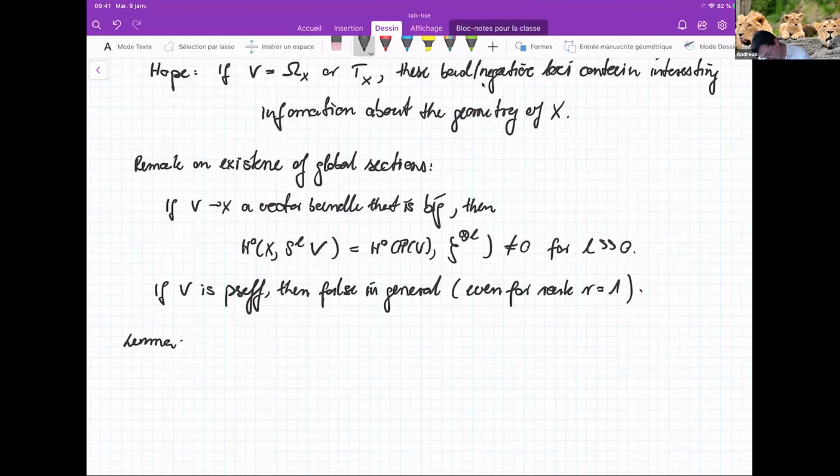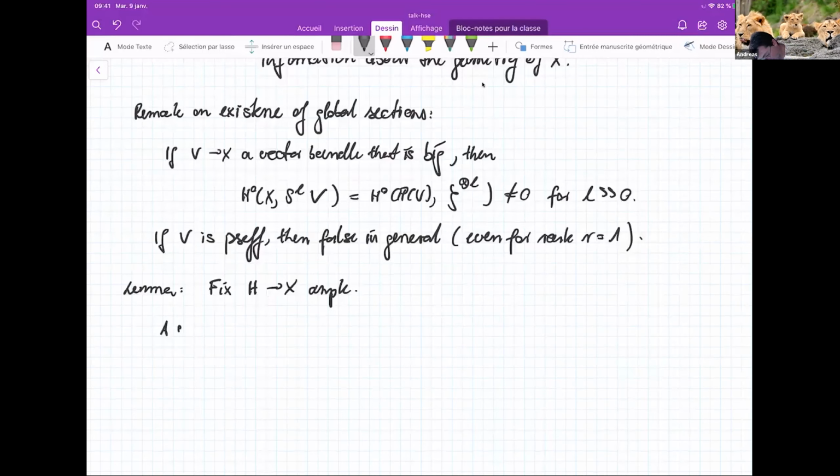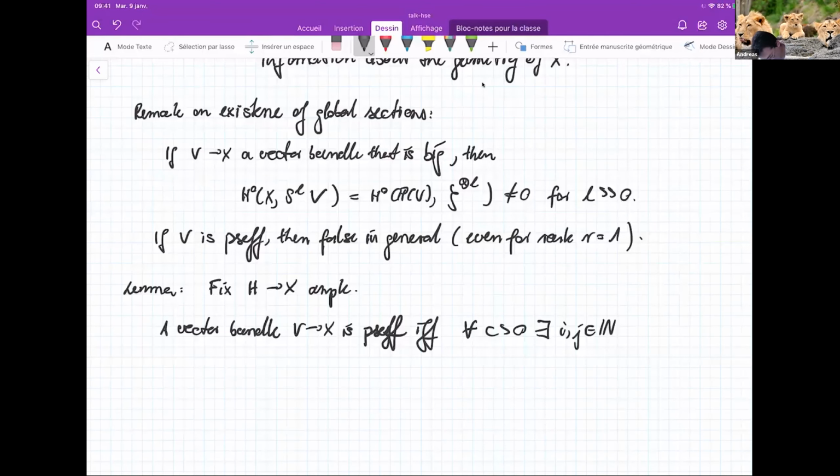So if you have H over X, some ample line bundle, then a vector bundle V over X is pseudo-effective if and only if for all C positive there exist I and J positive integers such that I is larger than C times J, and we have global sections: H0 of X of the I-th symmetric power of the vector bundle tensorized with H to the power of J is not zero.